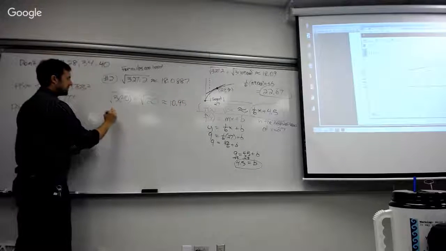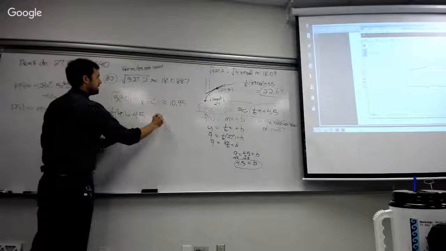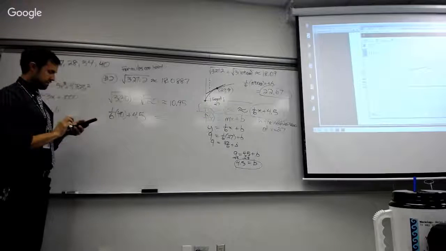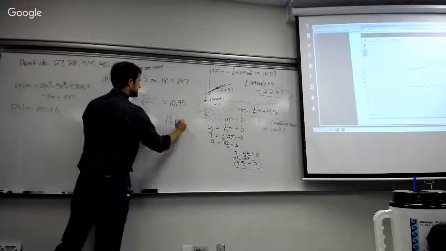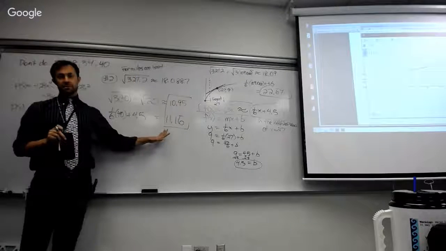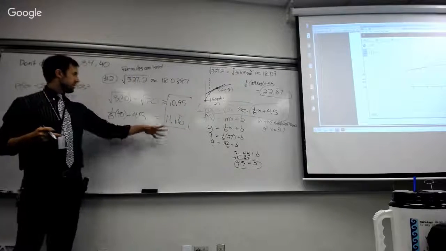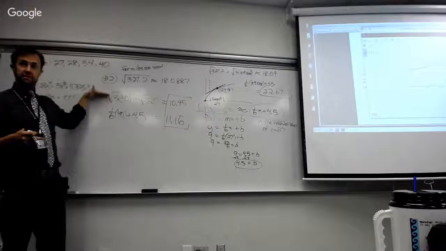Or I could do 1/6 of 40 plus 4.5, and that would equal 11.16. Now how is that approximation? That approximation wasn't bad at all. And all things considered, someone might very well want to use this instead of this as a model.